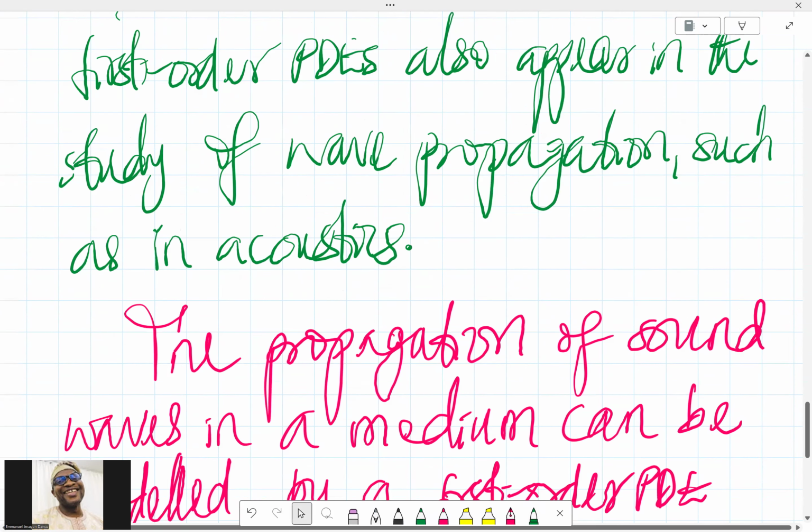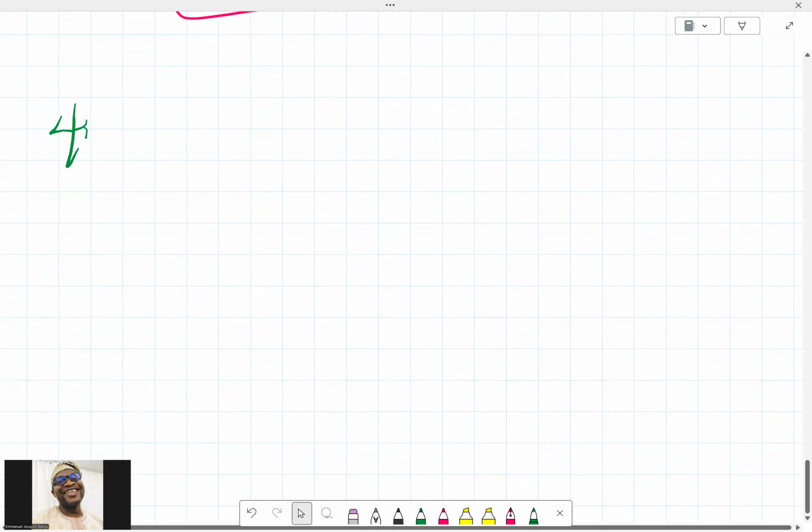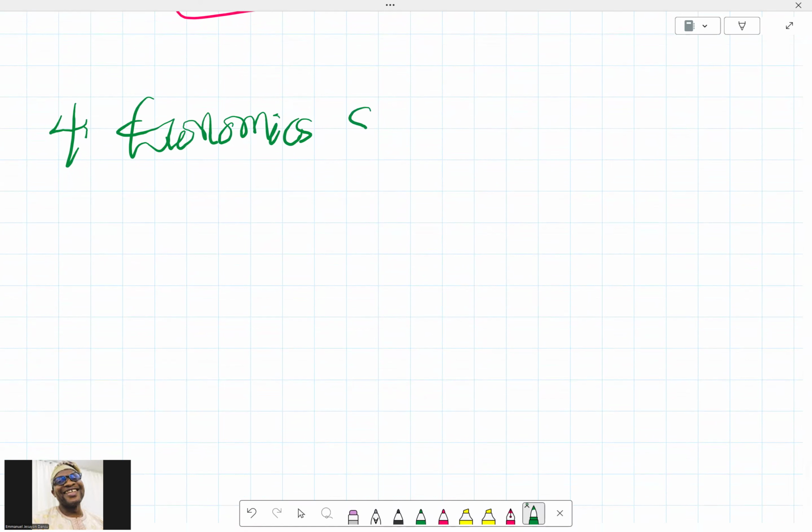Then we go for the fourth one. We also have this in economics and finance. In fact, to be a chartered financial analyst, for instance, you need to deal with a lot of serious partial differential equations.